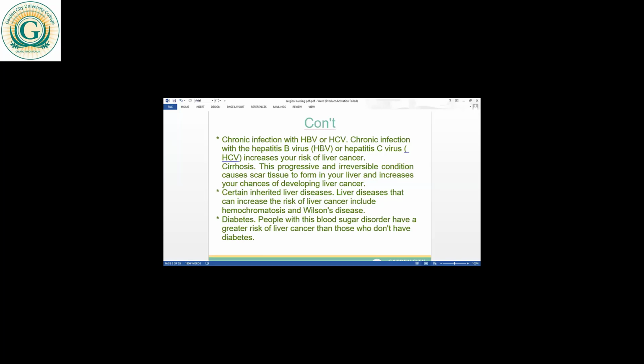Certain inherited liver diseases that can increase the risk of liver cancer include hemochromatosis and Wilson disease. And we also talk about diabetes. People with this blood sugar disorder have a higher risk of liver cancer than those who don't have diabetes.